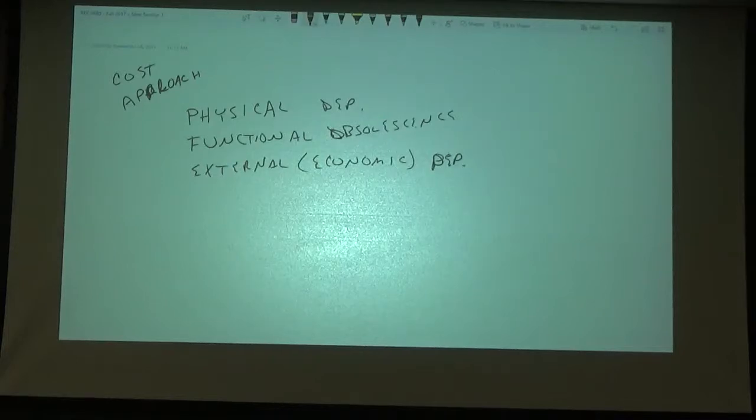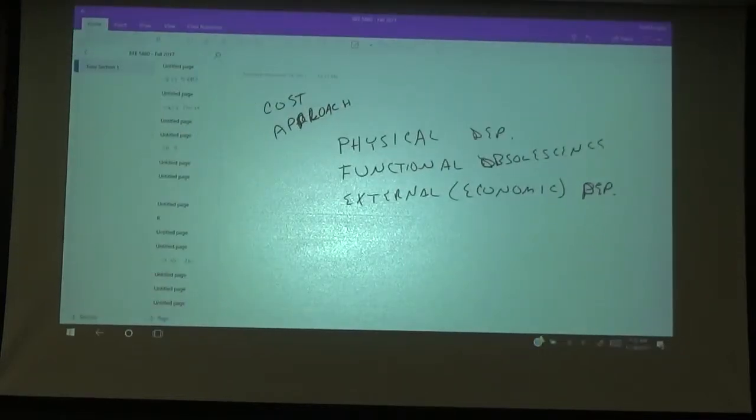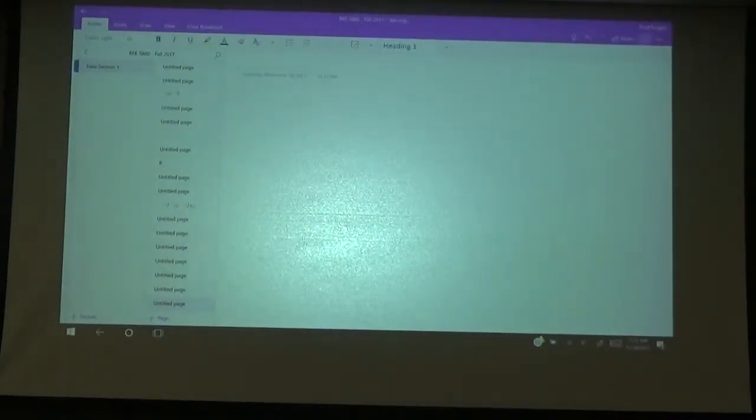Okay. Now then, finally, the big final topic, and then time for the quiz. Mortgage equity calculations. Capitalization.